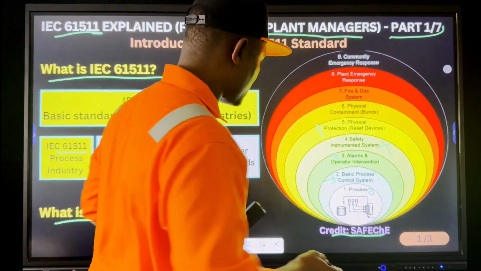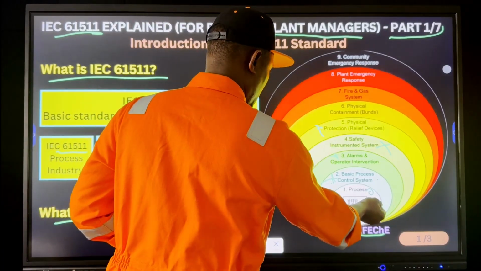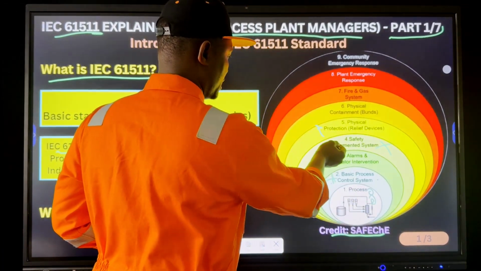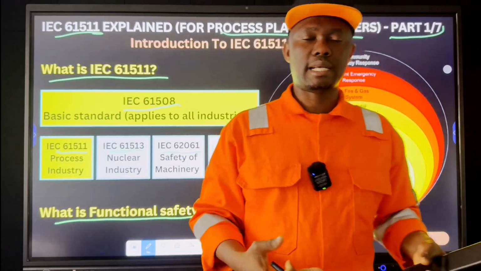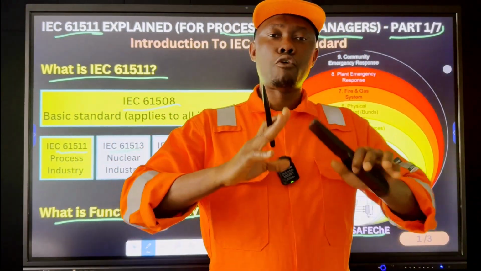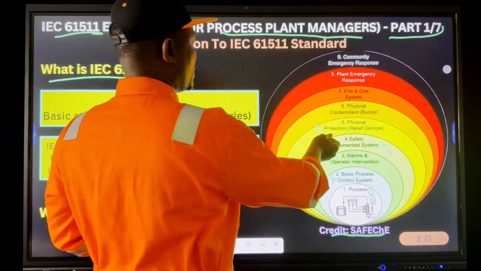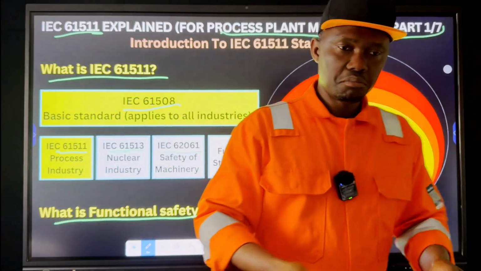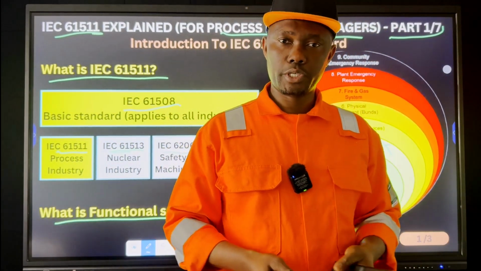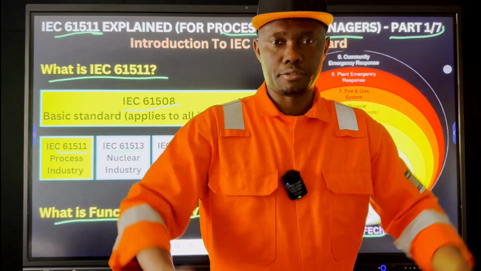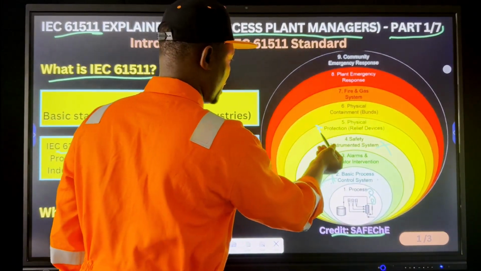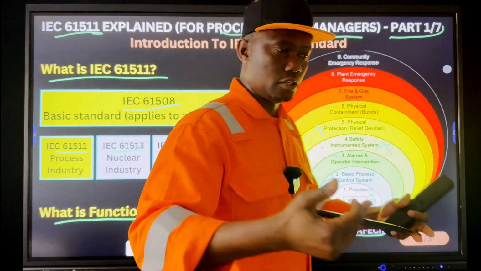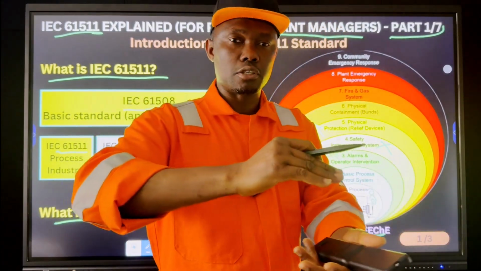I would like to point out that from the good process design up to this point, we are having active protection layers, and it's for prevention. When this thing is already occurring, prevention has failed. So what do we do? Mitigation. That's why we have other layers of protection here to mitigate, to limit the escalation of the hazardous event.